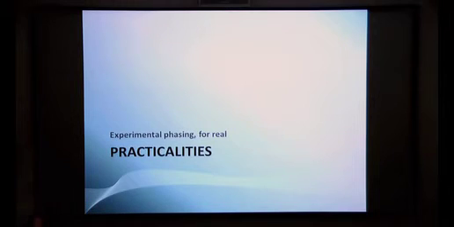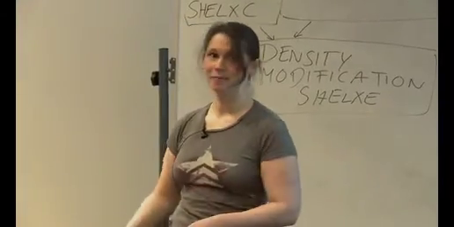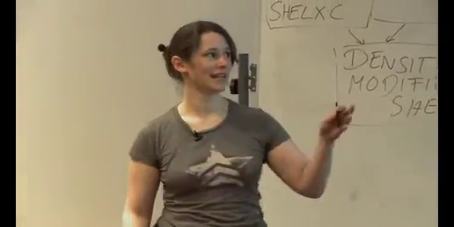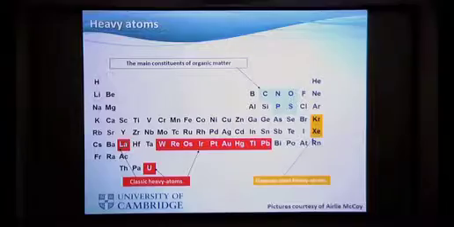So we have now basically solved the structure and can start building in that map. So I'll now talk about practicalities, things that you should possibly take note of when doing this.